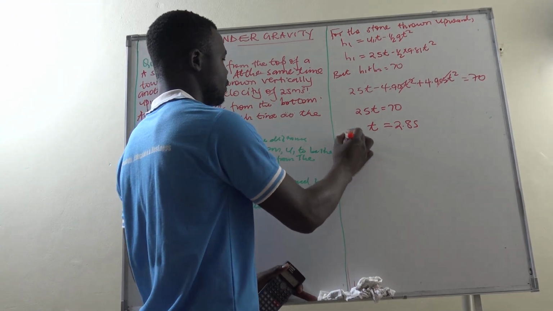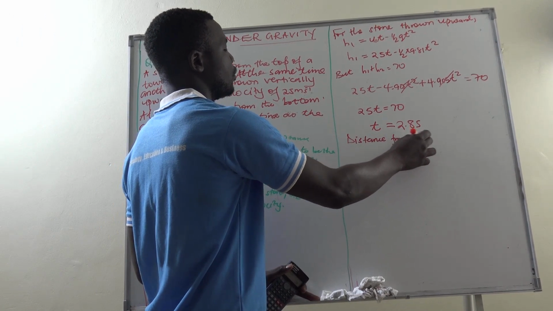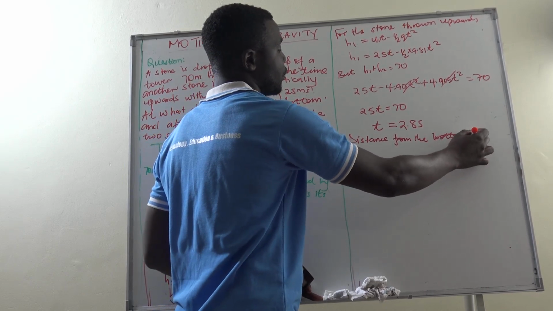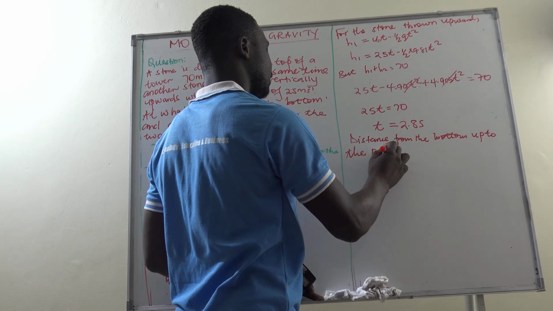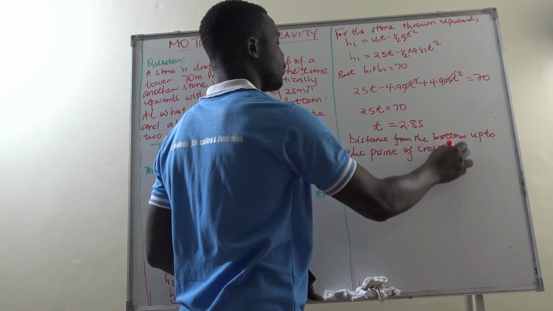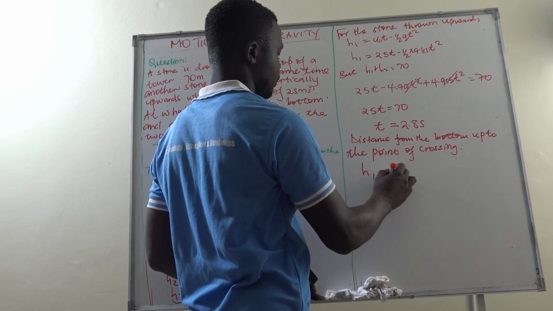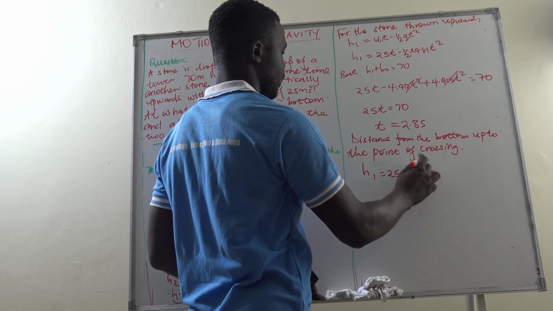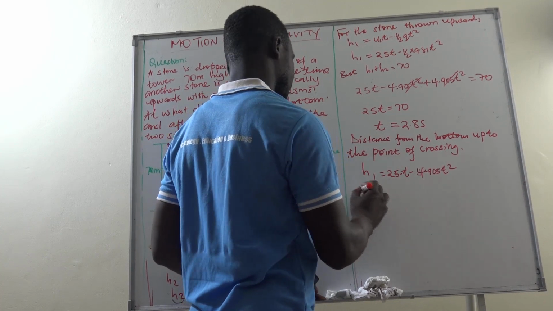Distance from the bottom up to the point of crossing is H1, which is equal to 25 times t minus 4.905 t squared.